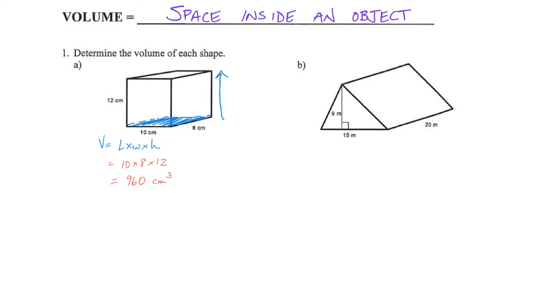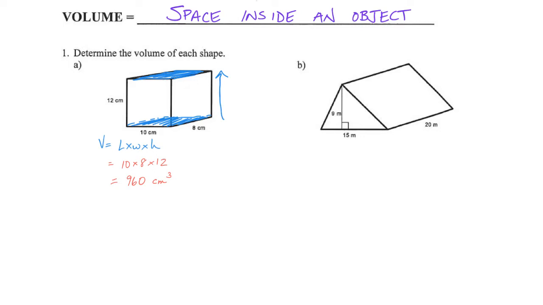Now, a lot of us don't always understand what the definition of a prism is, and I'm going to kind of simplify it down a little bit. In fact, I'm going to tweak it a little bit. It's any shape where the top shape is exactly the same as the bottom shape, where all of your sides have straight edges.